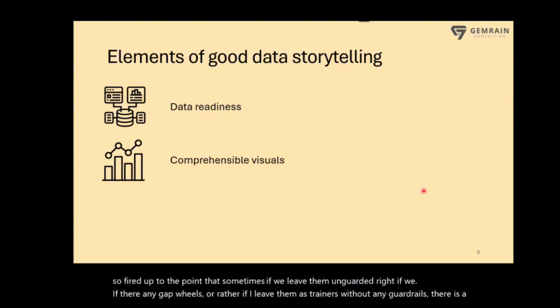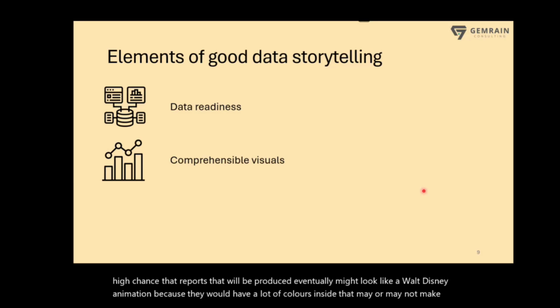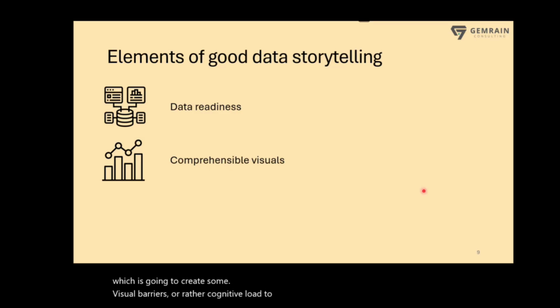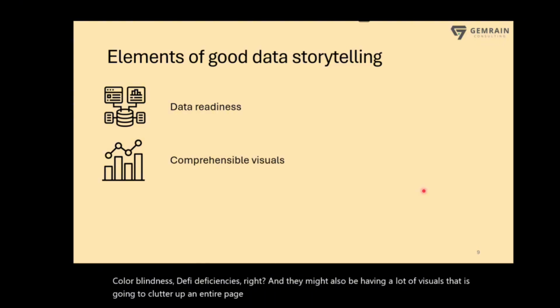there is a high chance that reports that will be produced eventually might look like a Walt Disney animation because they would have a lot of colors inside that may or may not make sense, which is going to create some visual barriers or rather cognitive load to people with color blindness deficiencies, right? And they might also be having a lot of visuals that is going to clutter up an entire page and they think that is a story already, therefore they will just copy paste.